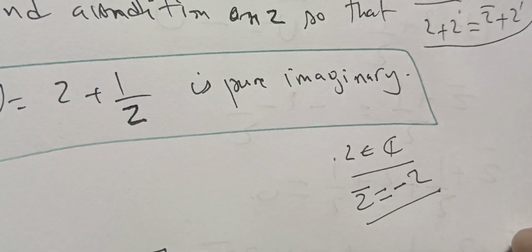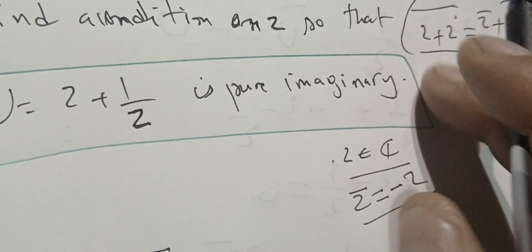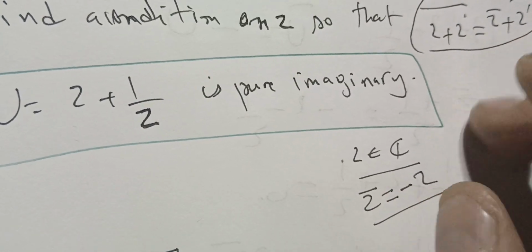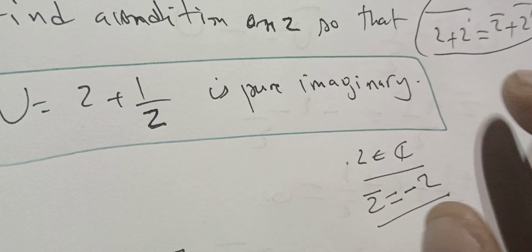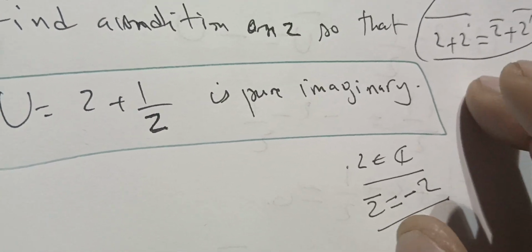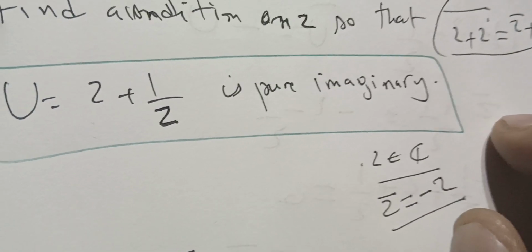I'm going to prove this one in one of the videos, and maybe I'll do one separate, lengthy video about the operations for the conjugates. It's becoming very important and necessary.